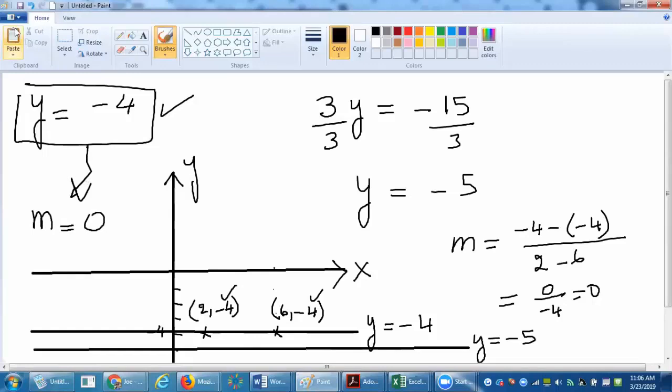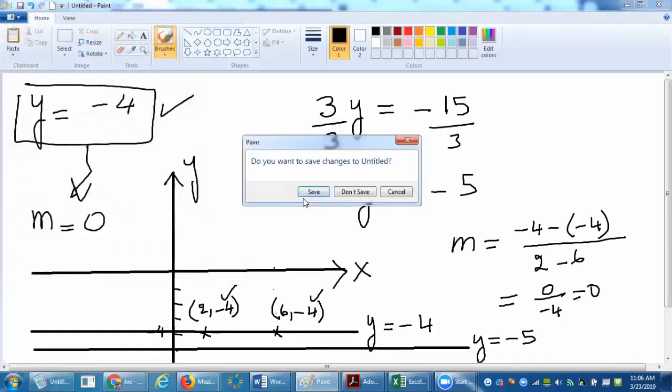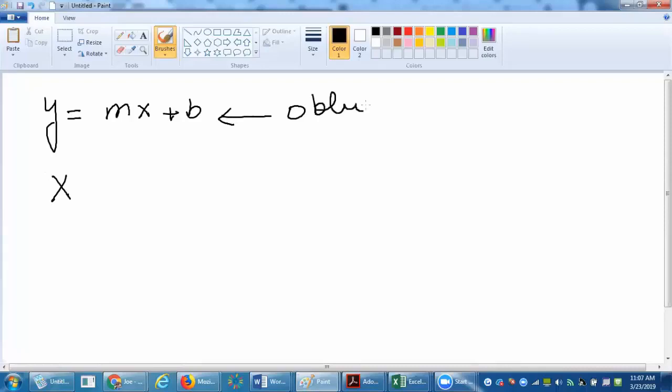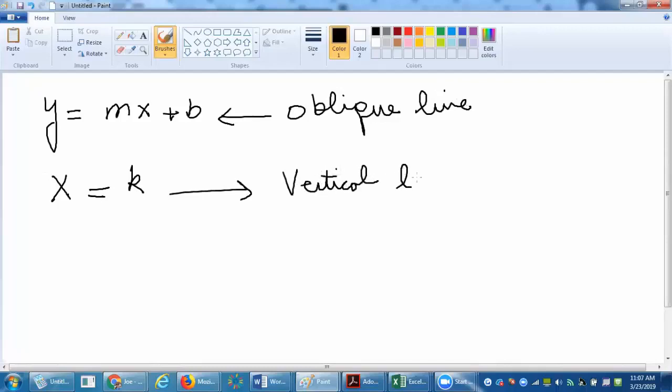So now we have learned so far 3 important equations. The slope-intercept form, y equals mx plus b. This is the graph of an oblique line. But if x equals a constant, let's call it k, then this is a vertical line, and the slope is undefined.